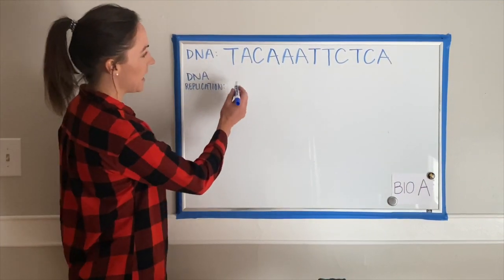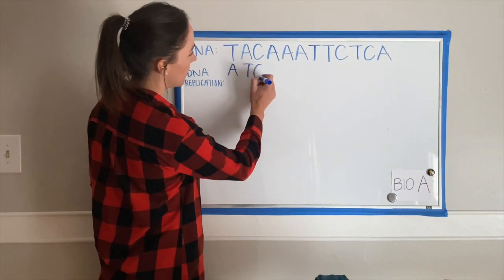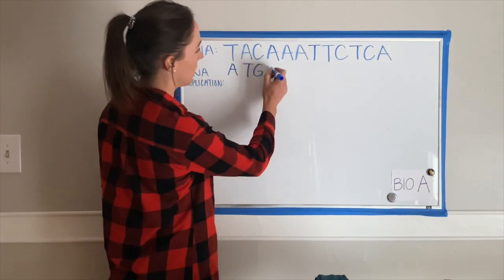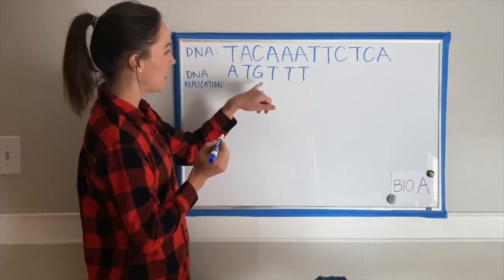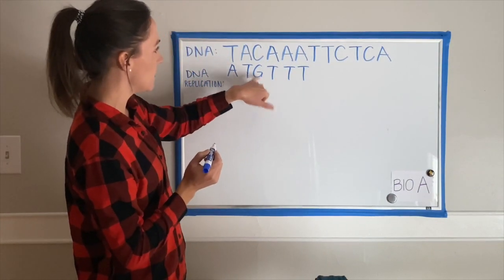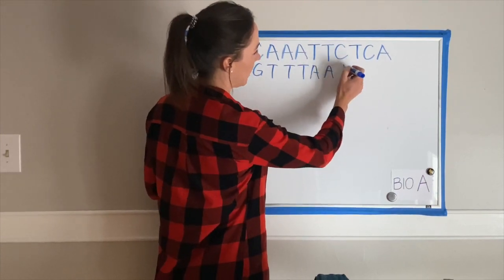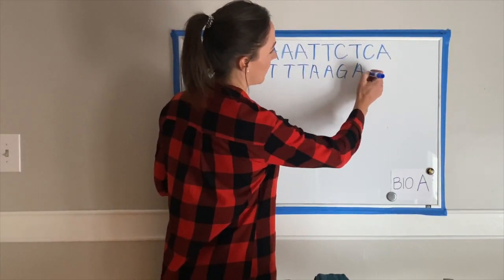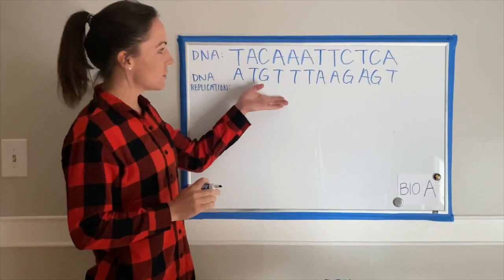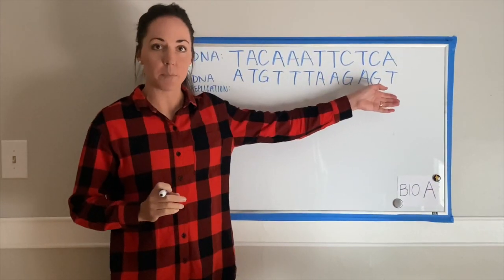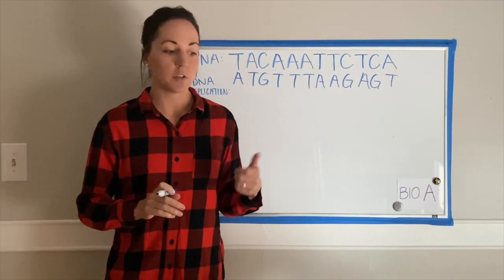T's and A's pair together, so this would be A, T, G, T, T, T. Remember, A's and T's pair together, C's and G's pair together. This would be A, G, A, G. This is what we did last week: DNA replication, how we copy a strand of DNA. We're not doing that anymore.